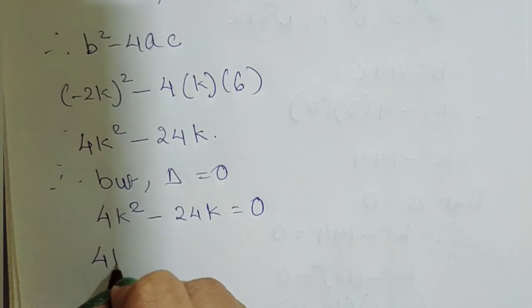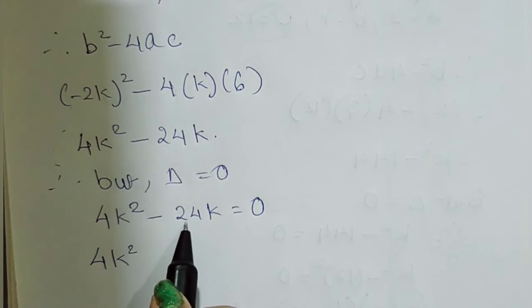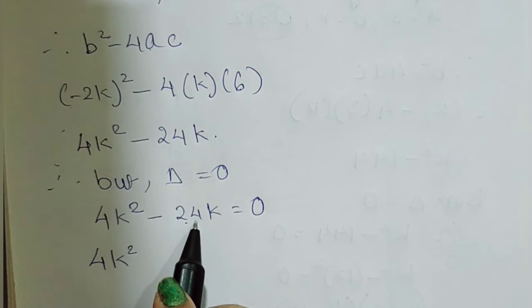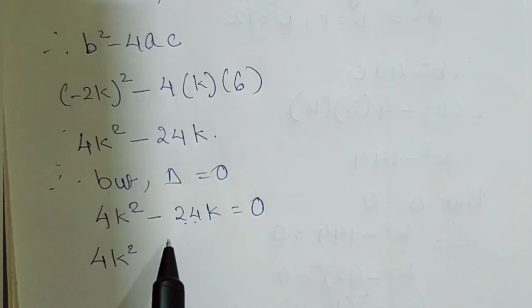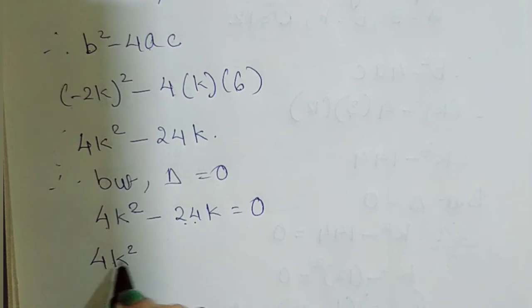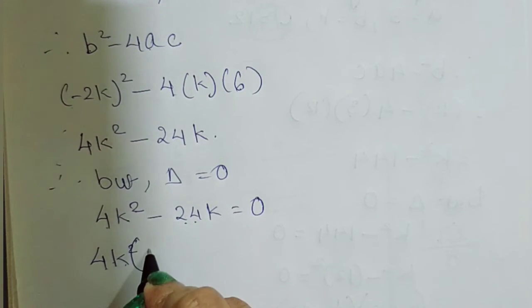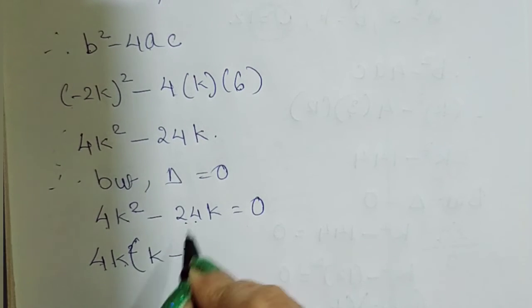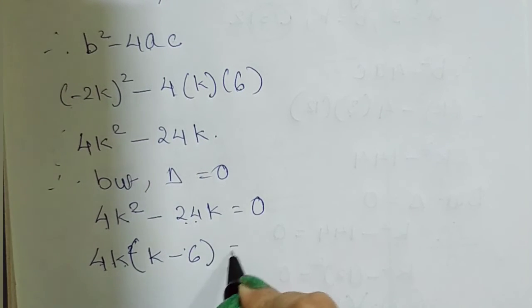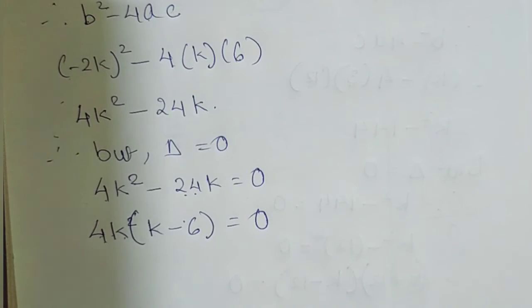I'll expand this. 4k square, it is given 24, right? So we are having 4k square. We'll take 1k inside the bracket. 4k, k minus 4 6s are 24, so 6 inside, equal to 0. Like this we'll take.